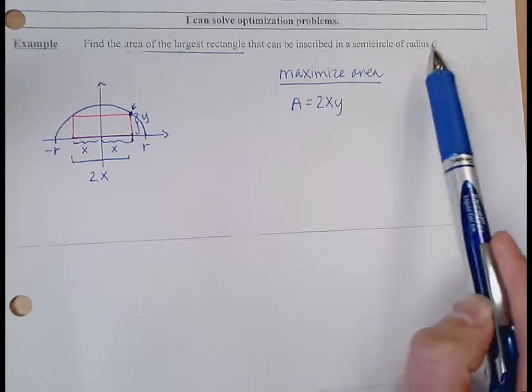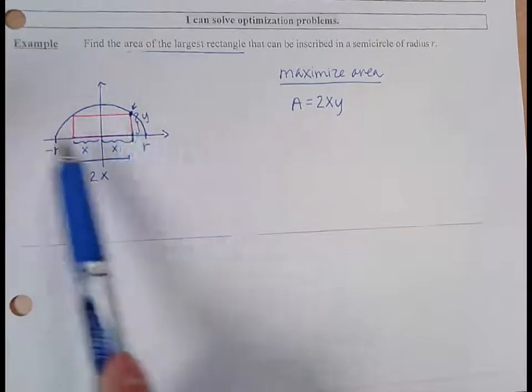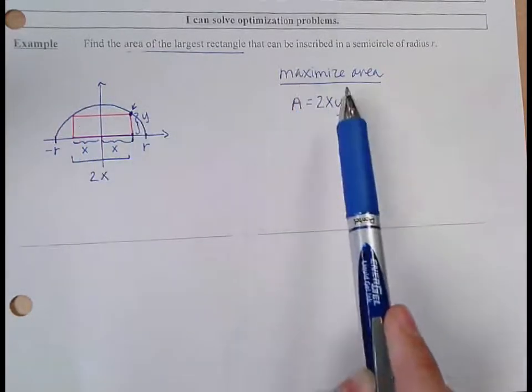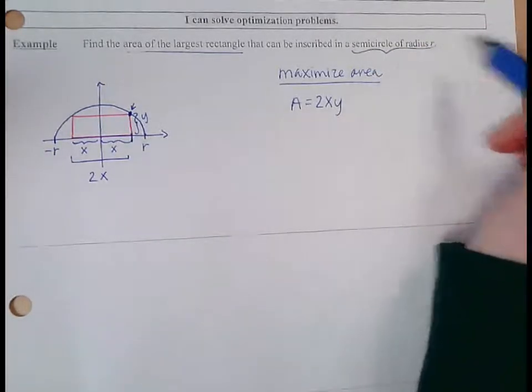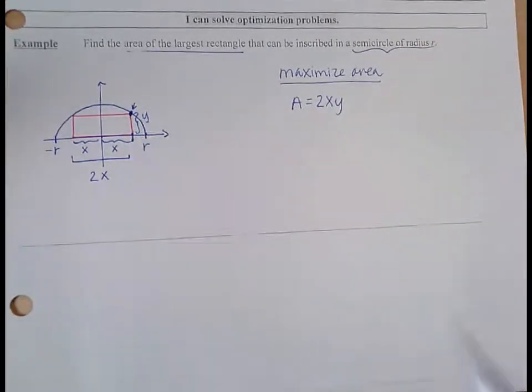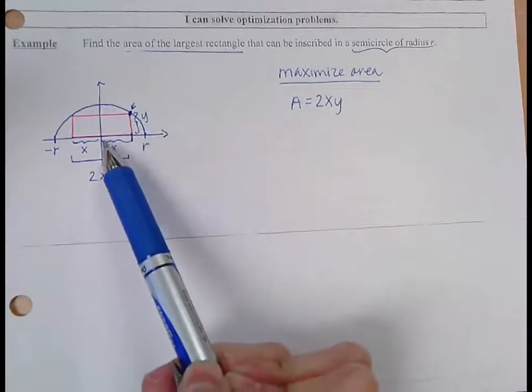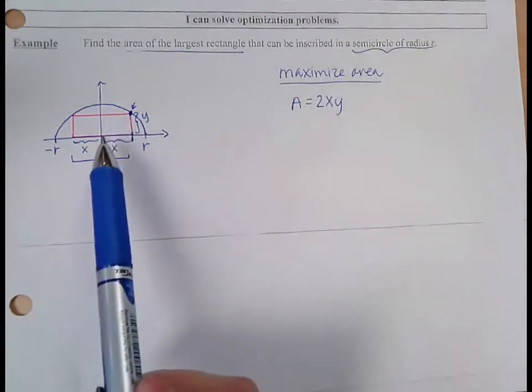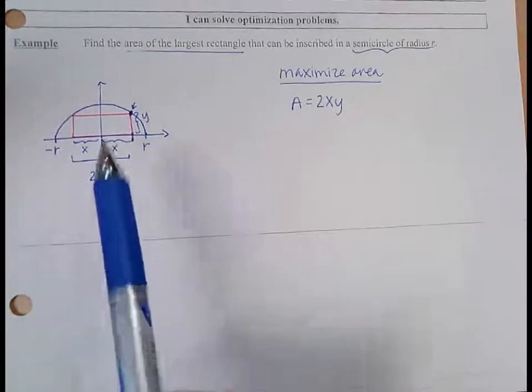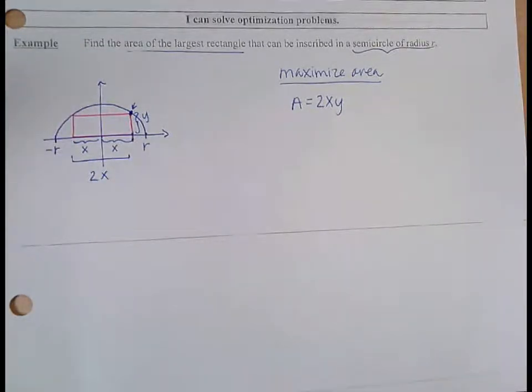We can use the equation of this semicircle to then make a substitution. So I'll just ask this, see if anybody knows, not that on an AP test you would be expected to just know this, but anybody know what the equation of a circle with radius r centered at 0, 0 would be?